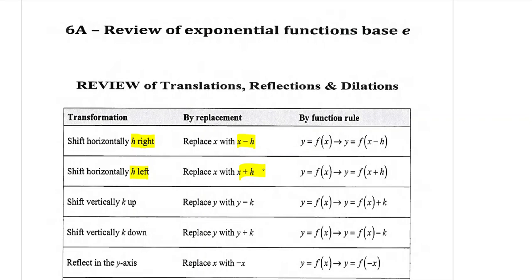Opposites, remember? Then vertically, this is the y direction, so we replace y with y minus k. Going up is y minus k, opposite to what you would think, and down is y plus k.